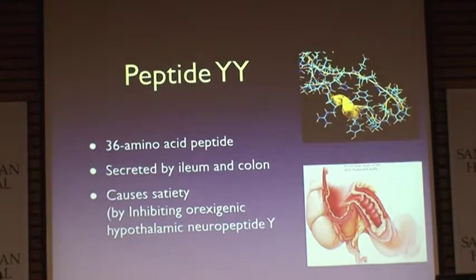Peptide YY is also a short peptide made by the lower part of the digestive system. And its function is to be the opposite. It gives us the sense of satiety. We eat a food, we eat a meal, and we feel satisfied. And partly that's from this hormone.